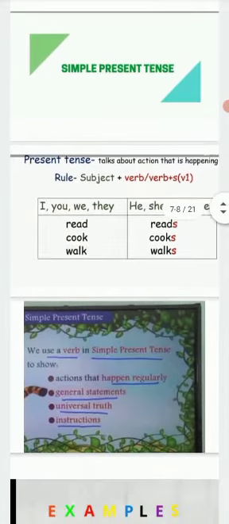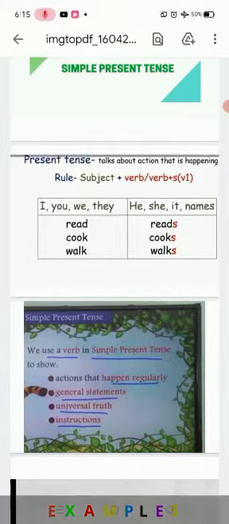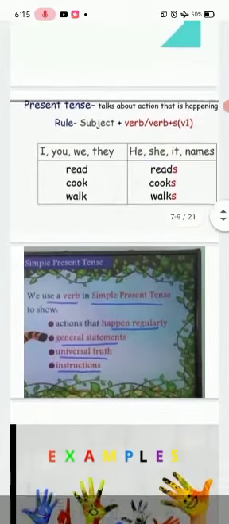First, we will discuss simple present tense. Present tense talks about action that is happening. The rule is subject plus first form of verb plus s or es. Students, if the subject is plural like you, we, they, then we use only the first form of verb like read, cook, walk.